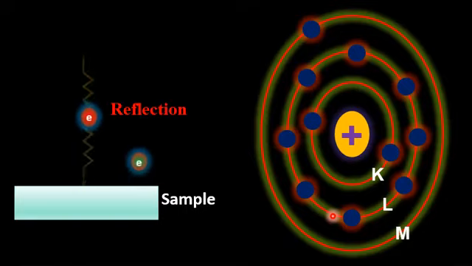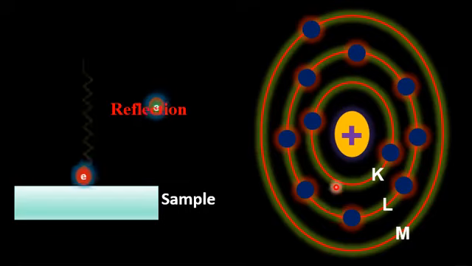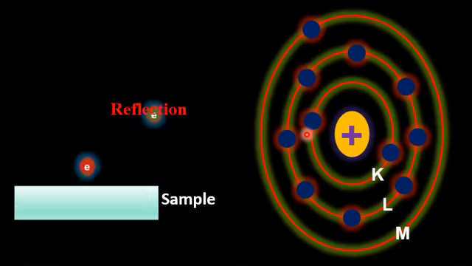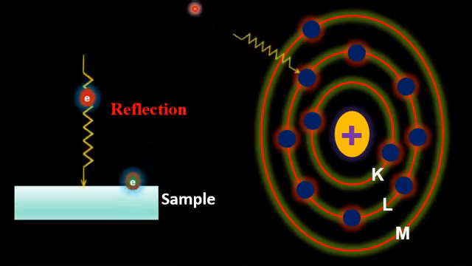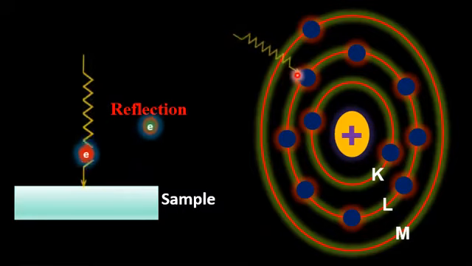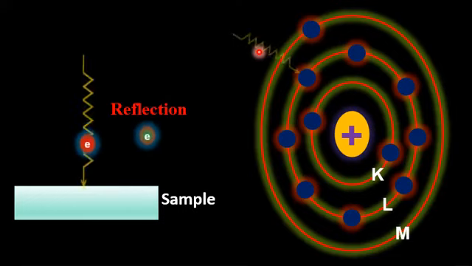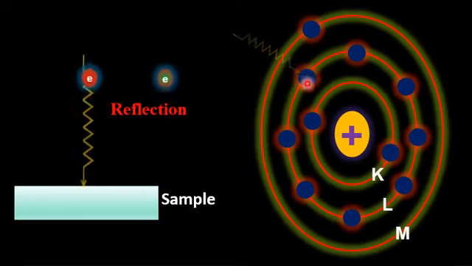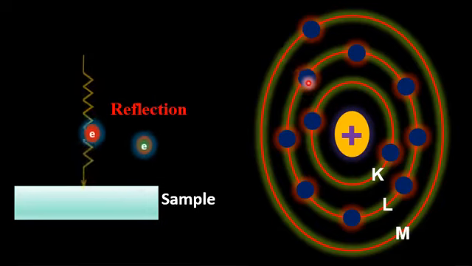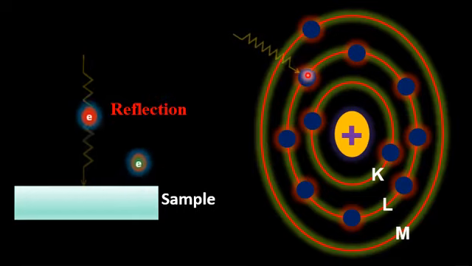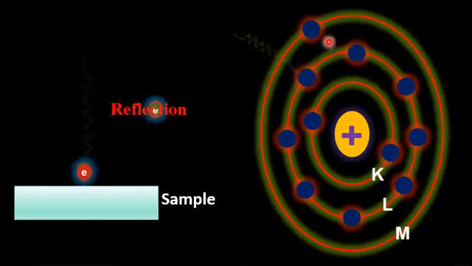So now let's discuss the phenomenon of reflection in a sodium atom due to an incident beam of electrons. Consider this as a stream of an incident beam of electrons. When the stream of the incident beam has a higher energy than the binding energy of the electron present in a sodium atom, the energy of the beam is transferred to the electron, and the electron present in an orbit or shell will be ejected from the atom.